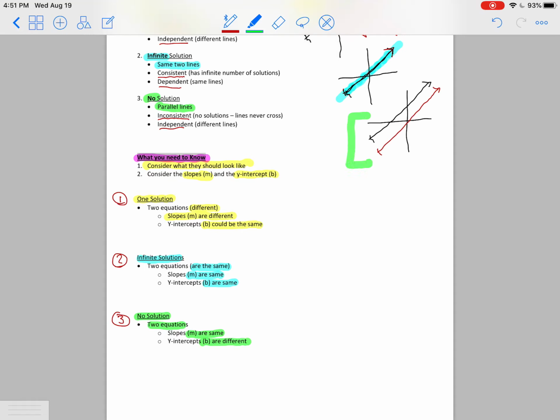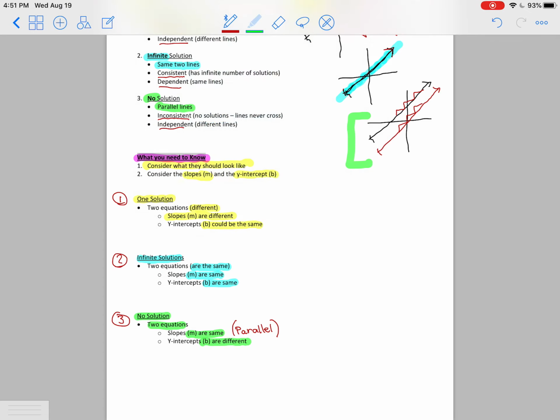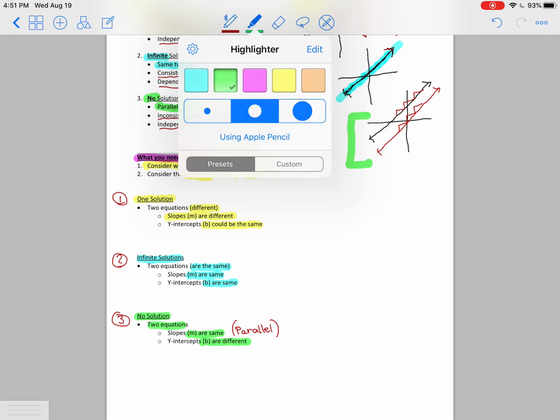Okay, we know that those lines are parallel. So of course, when we have the same slope, what results is 2 parallel lines, right? These are stair-stepping at exactly the same rate, right? Same slope. However, they have 2 different y-intercepts. They can't have the same y-intercept, otherwise they would be exactly the same line.